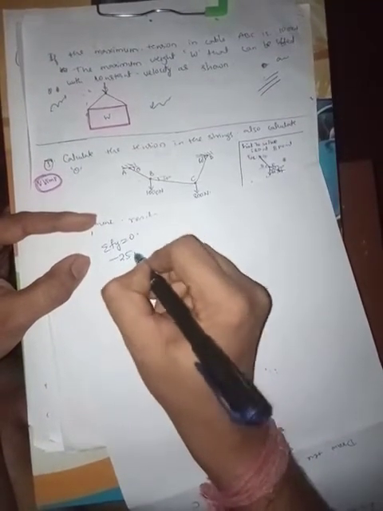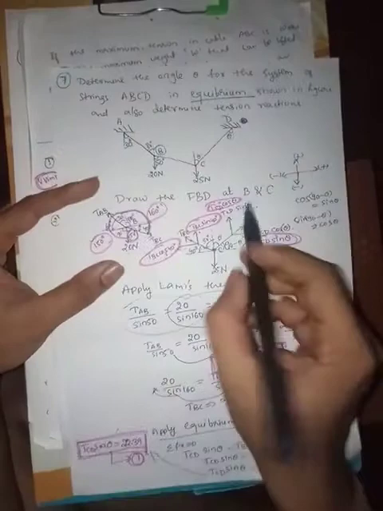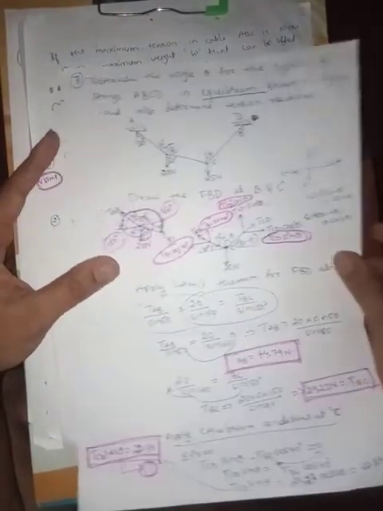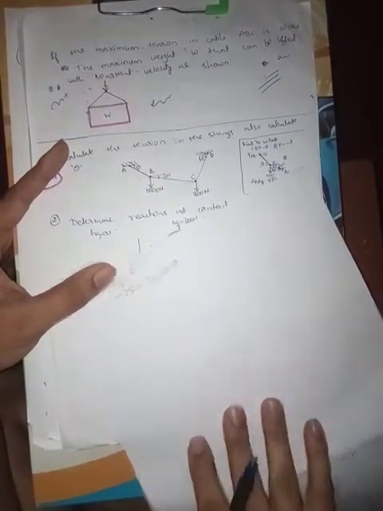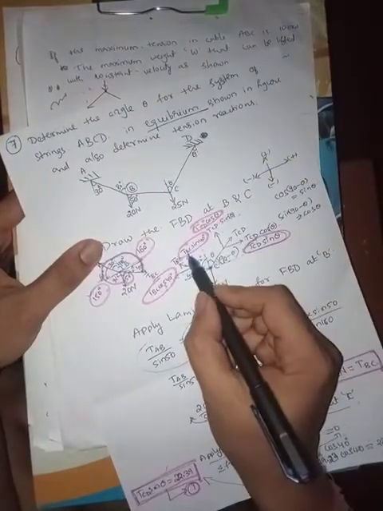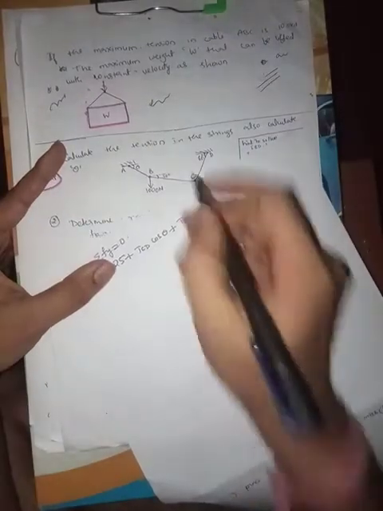So one is the vertically downward 25 Newton force, plus the vertical component TCD cos theta, which is upward, and here TBC sin 40, which is upward, so positive, equals 0. So solve this equation.